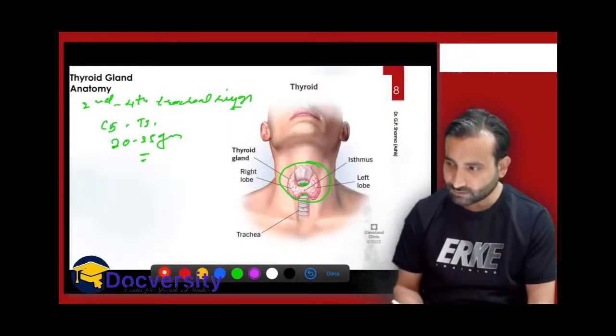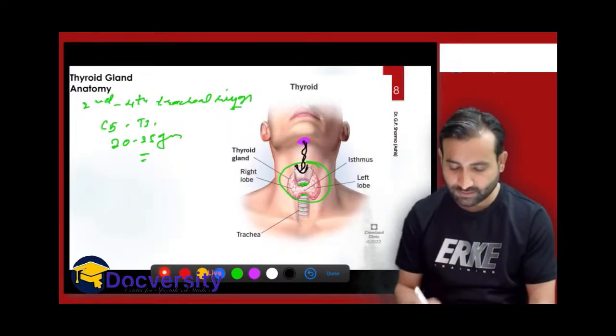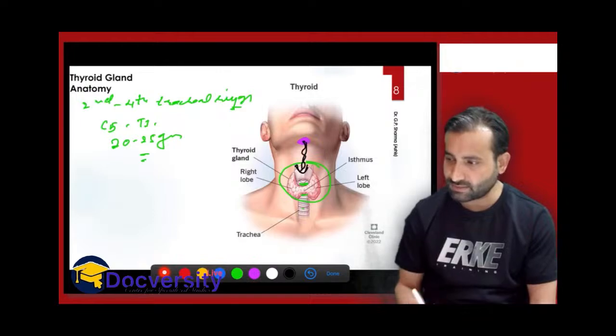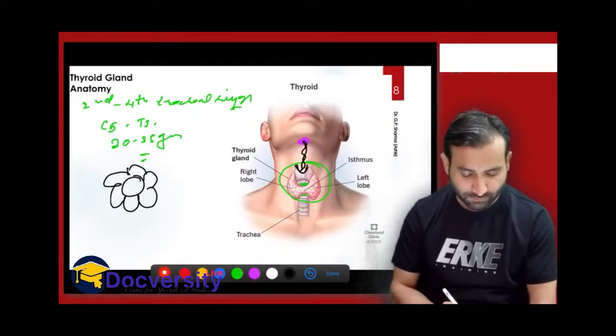It is developed from the foramen cecum at the base of the tongue, and then it descends down with time. So this is the site of the formation. And the parafollicular cells are developed from the fourth pharyngeal pouch. So we have the thyroid gland, which has the follicular cells and then the parafollicular cells.